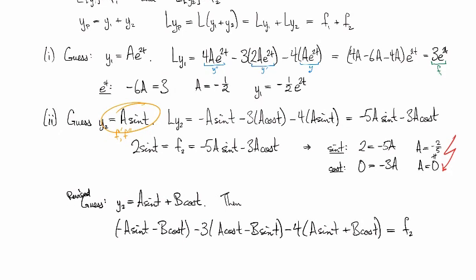So collecting this up, let's see how many sines do we have. We have minus 5A plus 3B sines on the left, and on the right side from the forcing function we have 2 sine t.